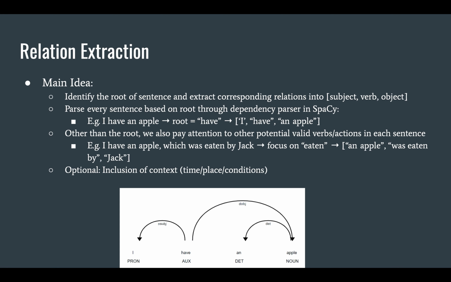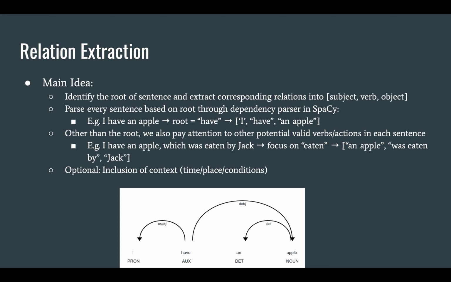For question generation, we need to extract information from the text first. The way we're implementing our relation extraction is by identifying the root of the sentence and extracting the corresponding relations into the format of subject, verb, and object, and feeding it forward to the question generation machine.